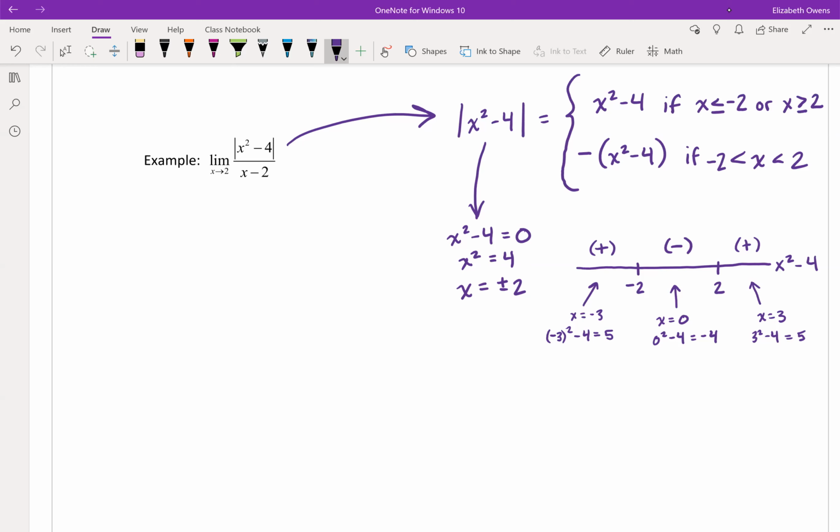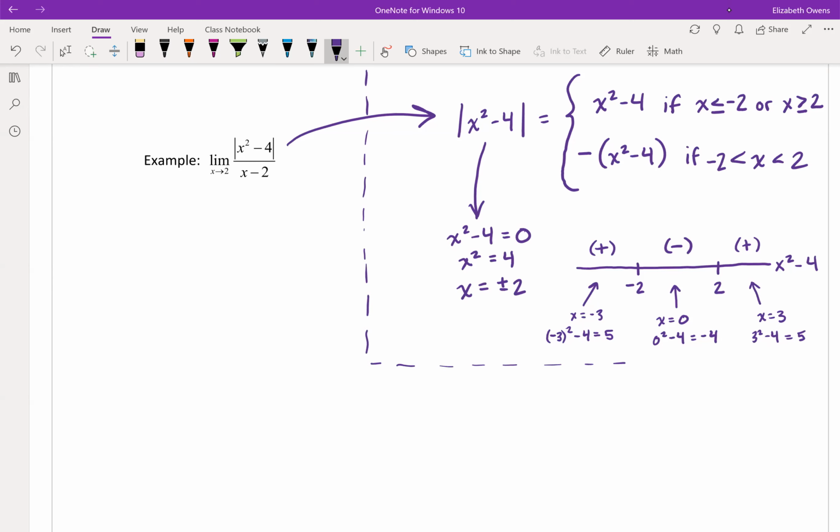Okay, so that is how we can rewrite an absolute value function as a piecewise function instead. And notice now the different pieces inside there don't have absolute values anymore. This is going to be really convenient for us on this problem. Okay, so let me mark this as some scratch work off to the side.